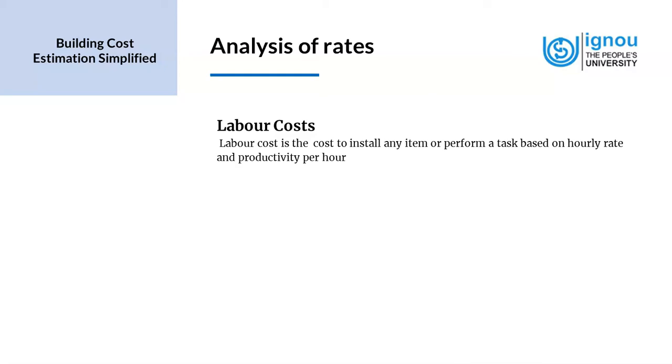Labor cost is the cost to install any item or perform a task based on hourly rate and productivity per hour. So these are two factors that will affect the labor cost, which is the hourly rate and productivity per hour. The rate would be some hourly rate, and it could also be, when we look at the labor wages, we look at daily wages, and this is the definition of labor cost.